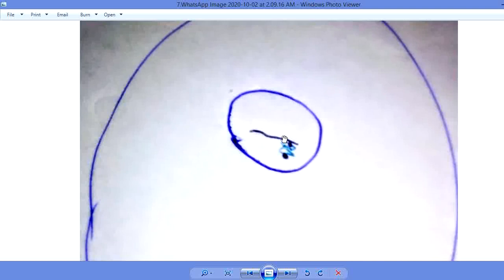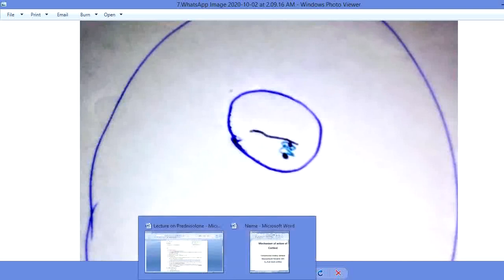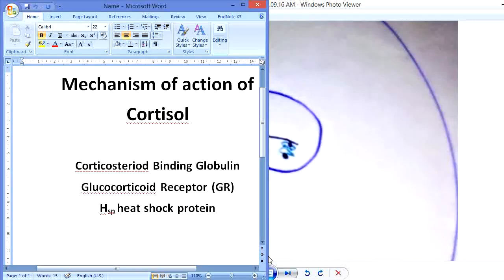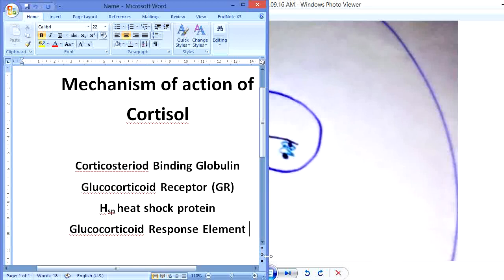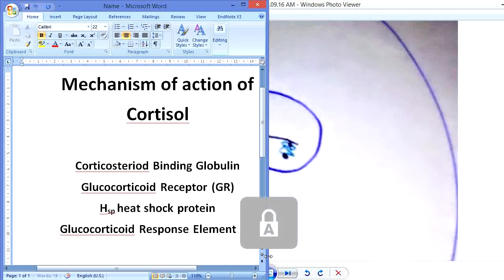In the DNA strand, there is a special type of sequence, a small fragment of DNA that is called glucocorticoid response element. You can simply call it GRE.